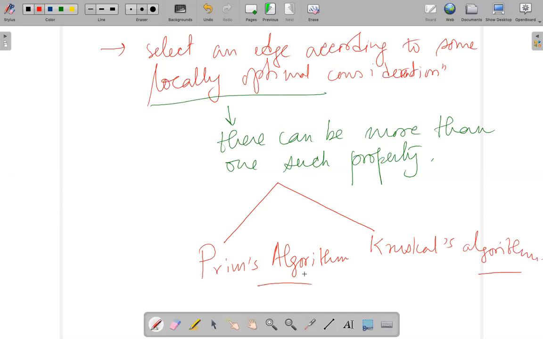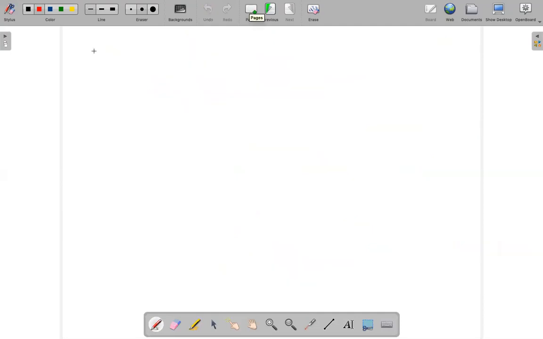At least there are two well-known ways of choosing the locally optimal property, and based on how you choose it, you get the two algorithms, either the Prim or the Kruskal. So we will start with the Prim's algorithm.